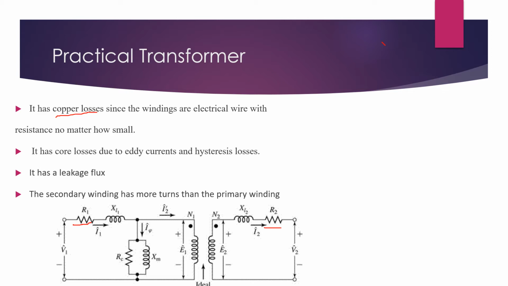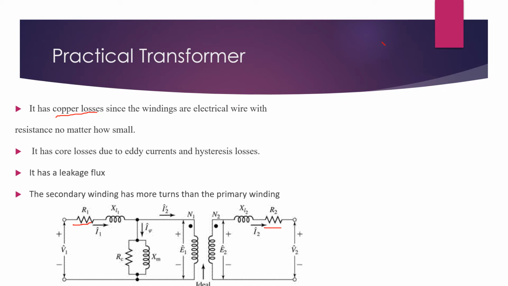The second assumption is that it has core losses due to eddy currents and hysteresis losses. Eddy currents are resistive losses in the core of the transformer which dissipate as heat. They are proportional to the square of the voltage applied to the transformer.